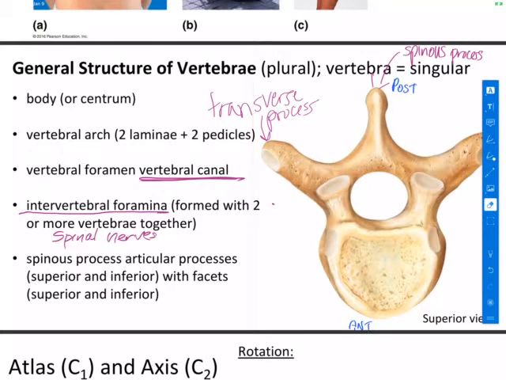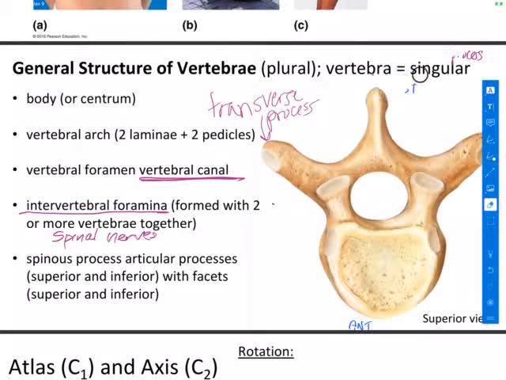So this superior articular process has a small oval smooth piece, kind of like a plate, called a facet. And the superior articular facet articulates or forms a joint with the inferior articular facet of the vertebra above it. And it's easier to see when we look at a different view.